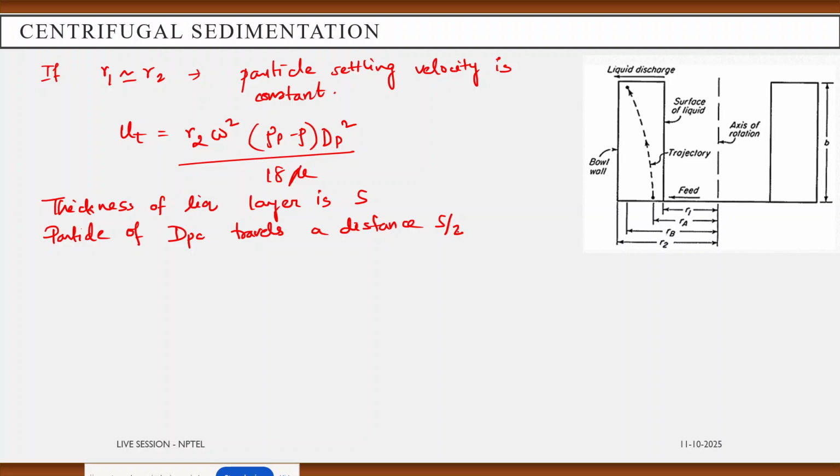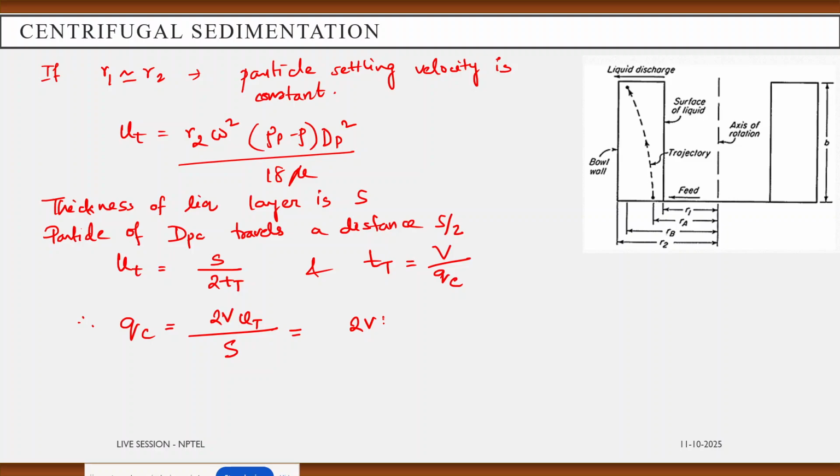So this velocity becomes S by 2, and this can be denoted by volumetric flow rate. So the volumetric flow rate at cut diameter will be 2V ut by S, which is nothing but 2V dp square (rho p minus rho) R2 omega square by 18 mu S.